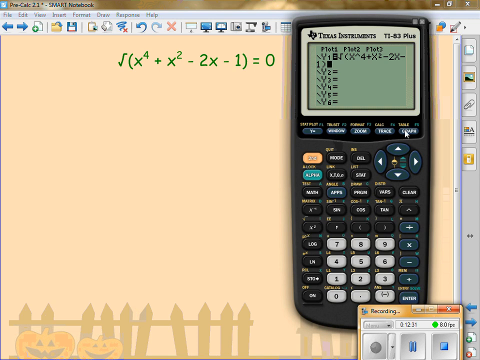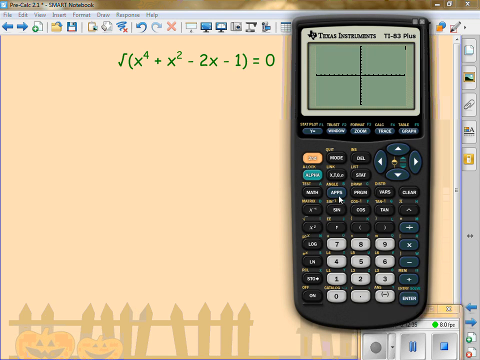When I type it in and I hit graph, it does this. Now I'm going to zoom in. I just zoomed in. And when I zoomed in, what are you noticing?